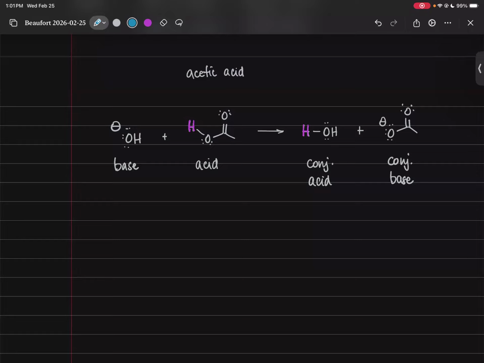So the connection between the proton and what used to be the base, now the conjugate acid, is that OH bond. The electrons are going to come from the oxygen and go to the proton. That forms our first sigma bond.